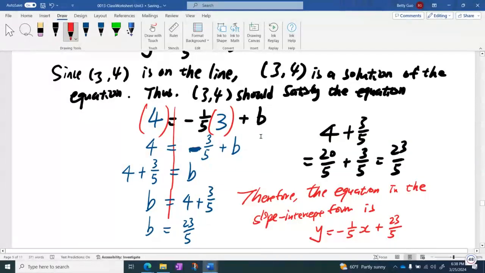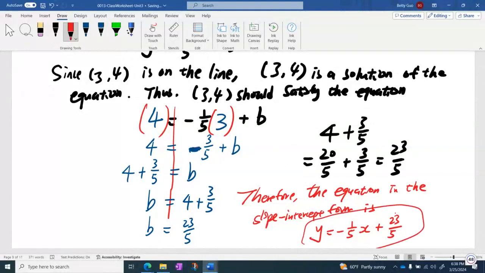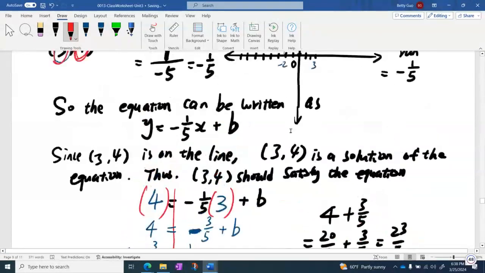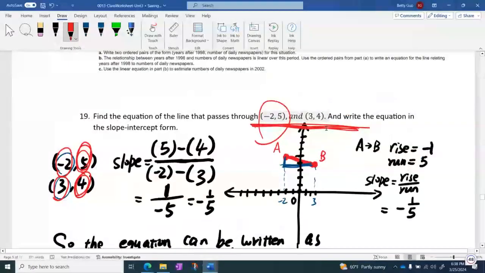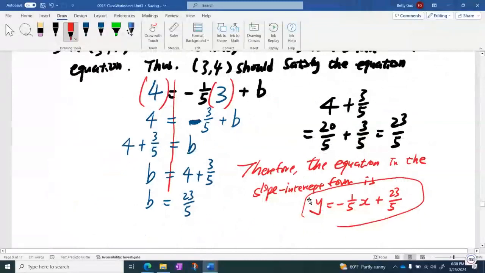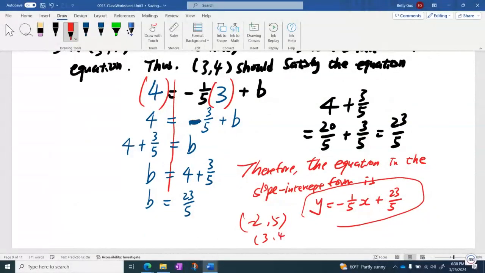If I were you and I had this question on the test and I got my solution like this, I would double check by plugging in -2, 5 and 3, 4. If both pairs satisfy the equation, that means my equation is the correct solution.